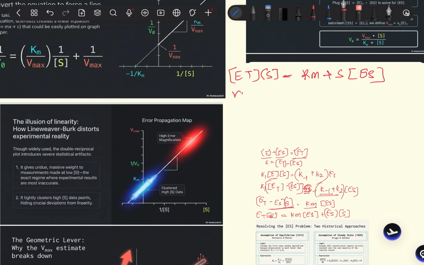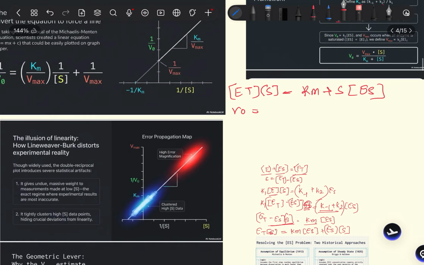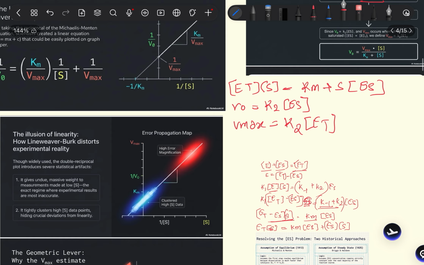Now, your V naught will depend upon the substrate, right? And your Vmax, that is the maximum velocity, would be K2 but it will be equal to enzyme total because all of it will be converted into a product, right?